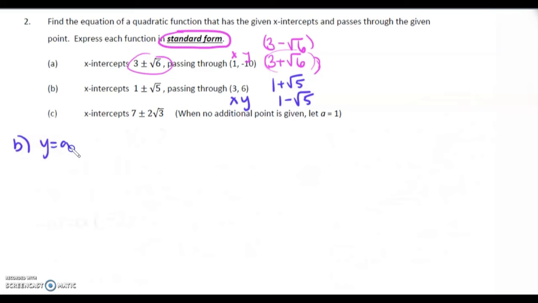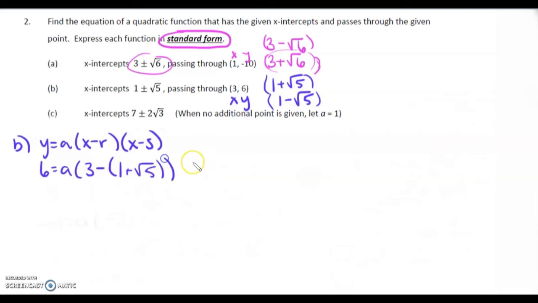So y equals a, x minus r, x minus s. I'm going to sub all of these in one shot. 6 equals a, 3 minus, remember to bracket these, okay, 1 plus root 5, 3 minus, 1 minus root 5. And then all we do is solve for a.